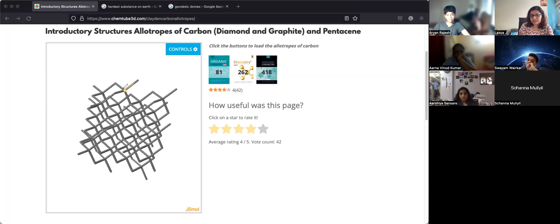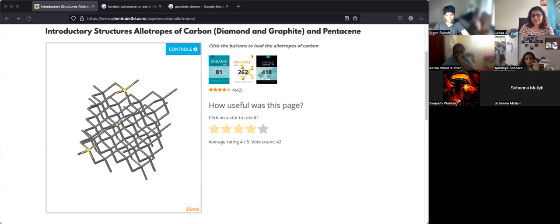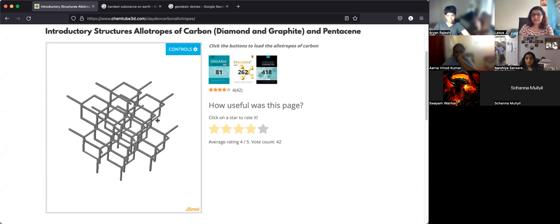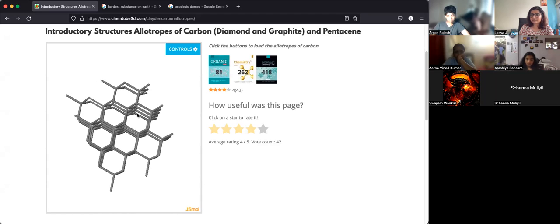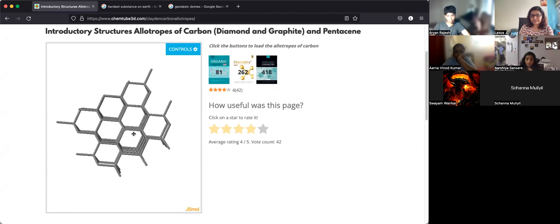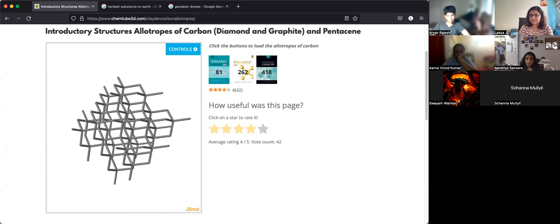So there's 1, 2, 3, 4 bonds. Similarly, if you look at this one, it has 1, 2, 3, 4. So you pick any atom in this whole structure, you will find that it is bonded to 4 other atoms. So that is the speciality of diamond ka structure, and that's what gives rise to all of its properties: hardness, not conducting, refractive index, even its crystalline form.